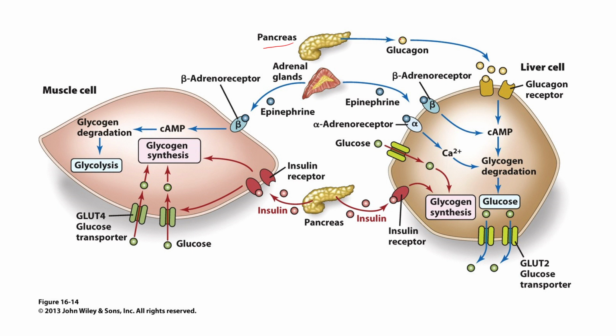So the pancreas, when energy levels are low, when blood sugar levels are low, is going to secrete glucagon. Glucagon can travel through the bloodstream, and it's going to interact with receptors on cells, and specifically it will only interact with glucagon receptors.